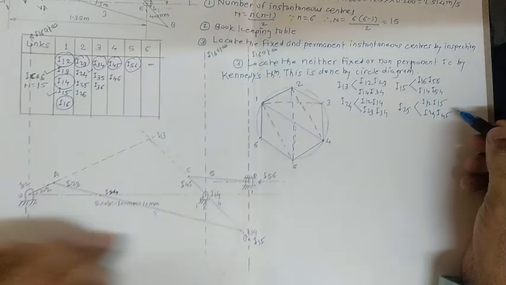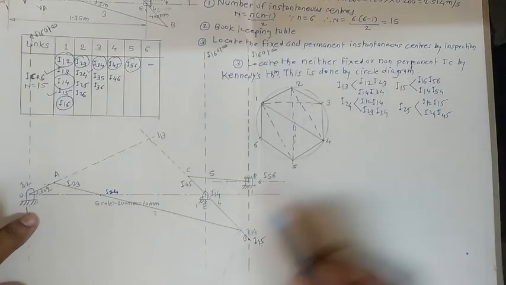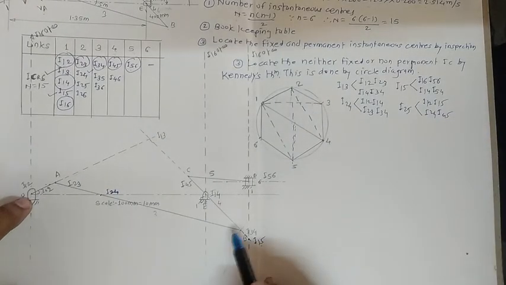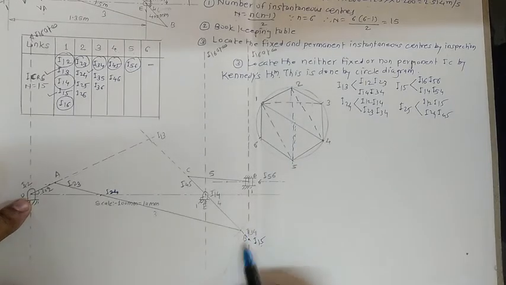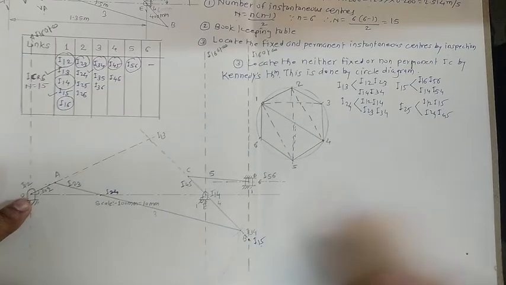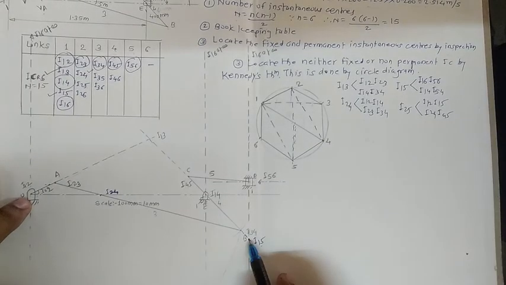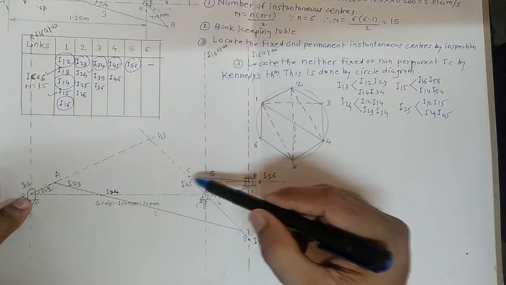Okay. So 1, 2, 1, 5. Here we can get the 1, 5. So already 1, 5 is here. 1, 2, 1, 5, then 2, 4, 4, 5. 4, 5 is here and 2, 4 is here.